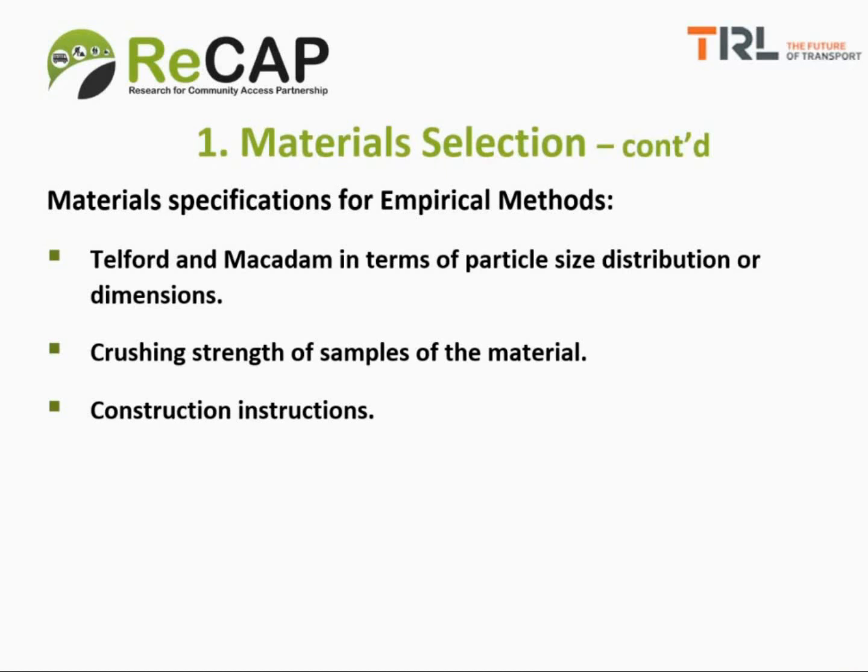And they occasionally also specify the crushing strength of samples of the material. And this goes as well for rigid pavement options such as concrete. Now, the methods, because of their pure empirical nature, often give elaborate construction instructions. So the specifications are very simplistic, as you can see.